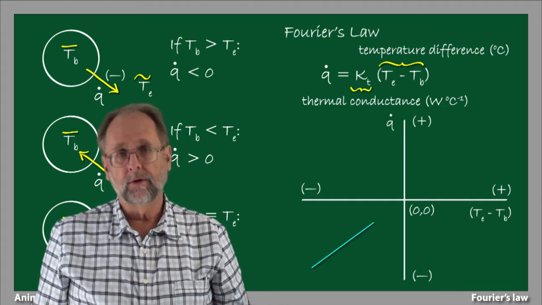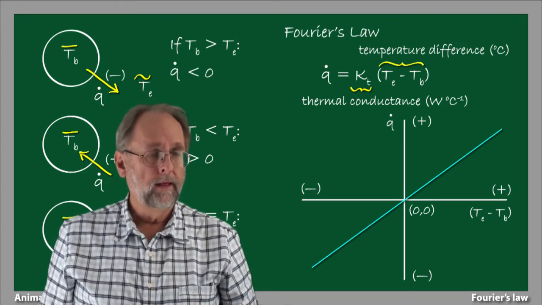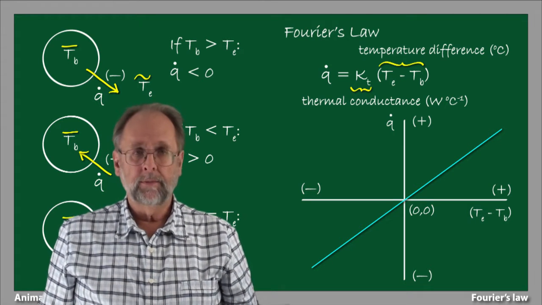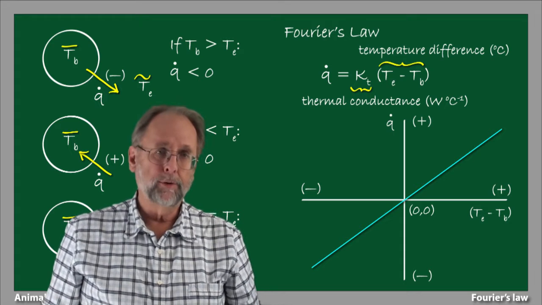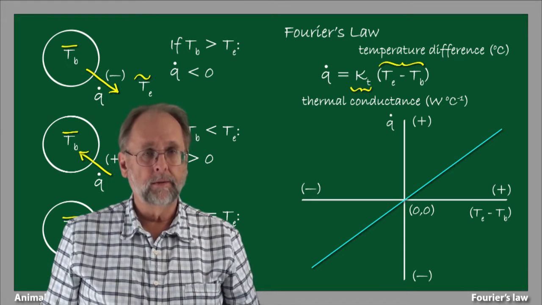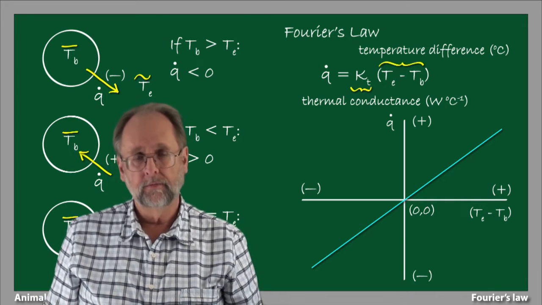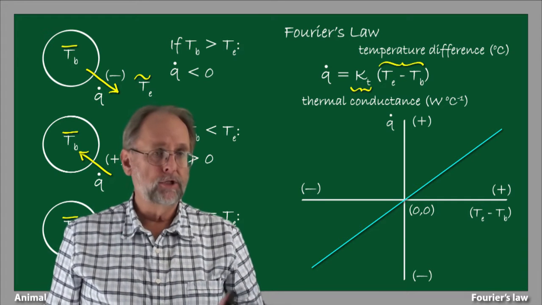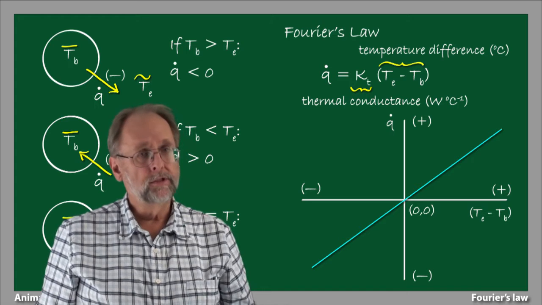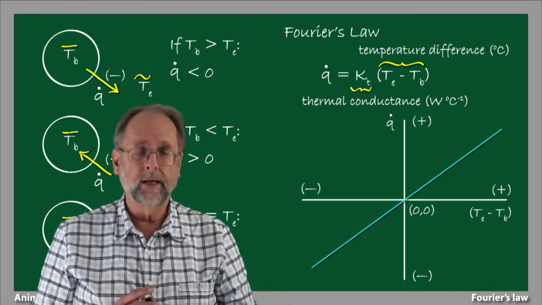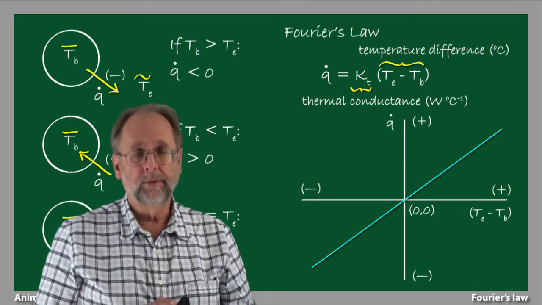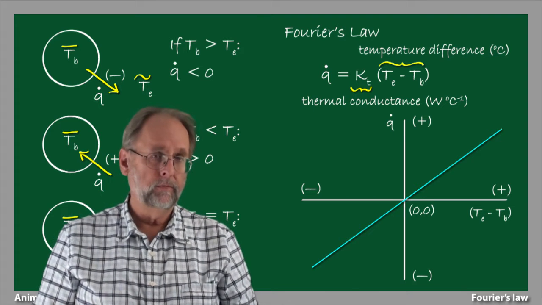And here is Fourier's law plotted out. At negative values of the temperature difference, that is where the body temperature is warmer than the environmental temperature, the heat flux will likewise be negative. As the environmental temperature warms, the temperature difference between them will decline in magnitude and the heat flux will become less negative.